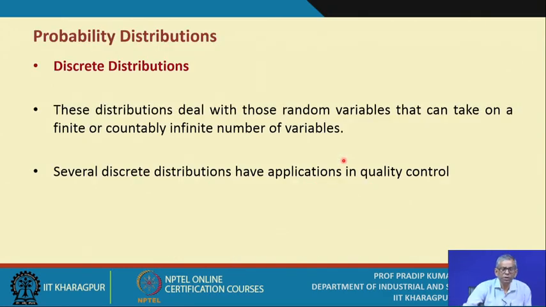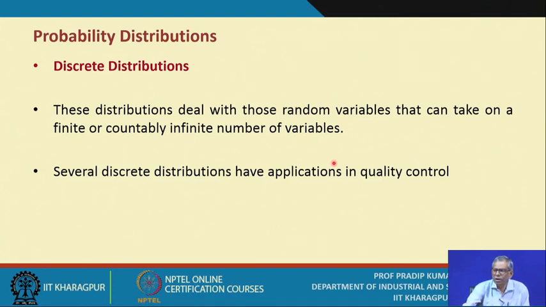Now we are referring to probability distributions. You are supposed to use various kinds of tools and techniques, and many such tools and techniques used in quality design and control are based on certain distributional assumptions.